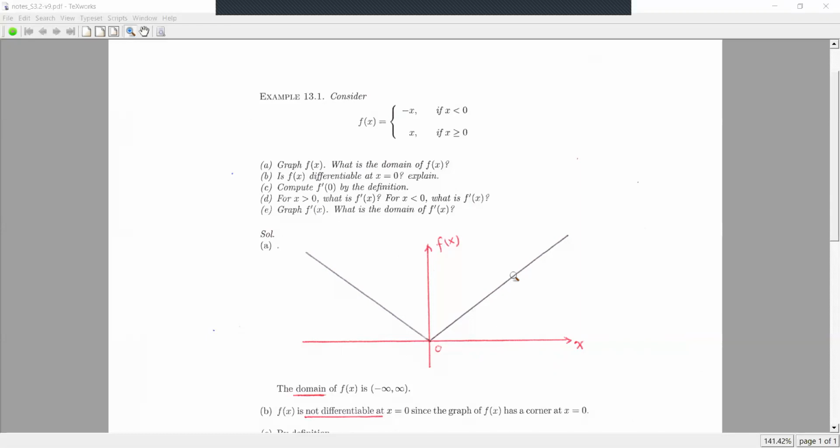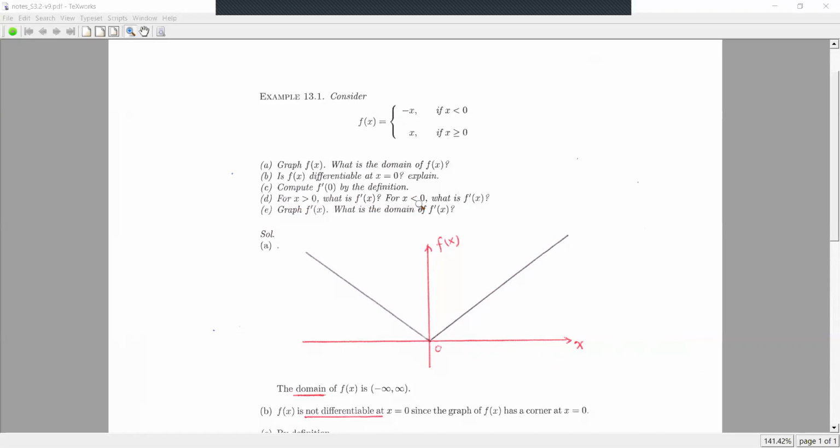At this point, draw a tangent line. Clearly, the tangent line at this point coincides with this line. This line, the slope is positive 1. So when x is greater than 0, derivative is positive 1.